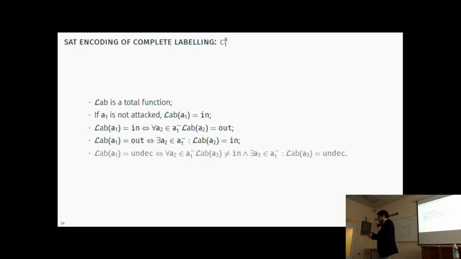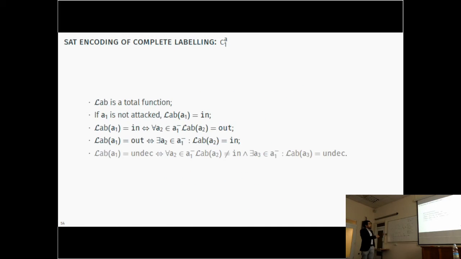Now, a small point that is quite important from a practical point of view. These conditions are redundant, because we already know that a labeling is a total function, which means that if it is not in or out, then it must be undecided. So if we enforce that this is a total function, then we don't need, for instance, the last line. Just the first two lines suffice.